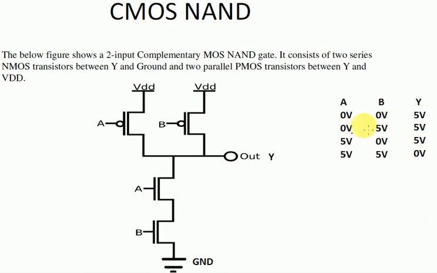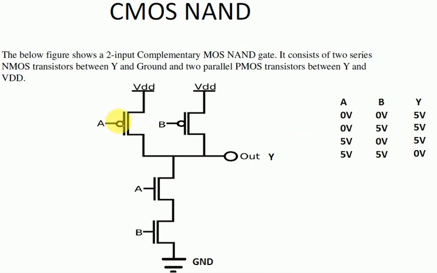Next combination, 0 volt 5 volt. For 0 volt the PMOS is in on state, whereas the NMOS is in off state. But for 5 volt it is the reverse: PMOS is in off state, NMOS is in on state.